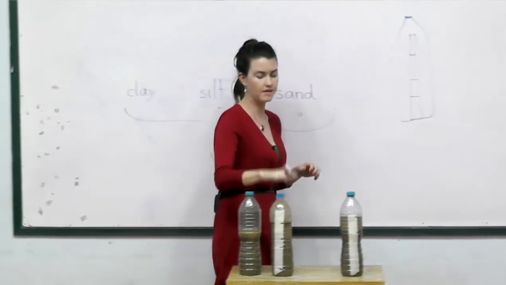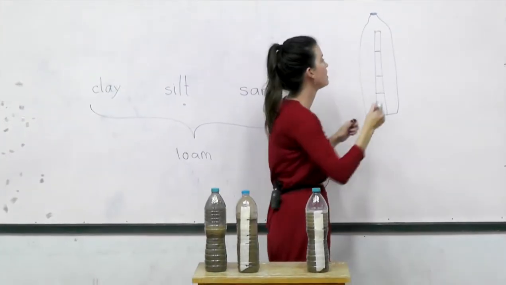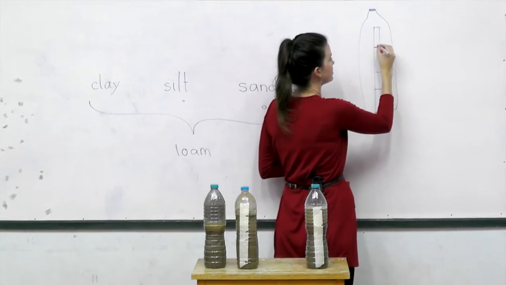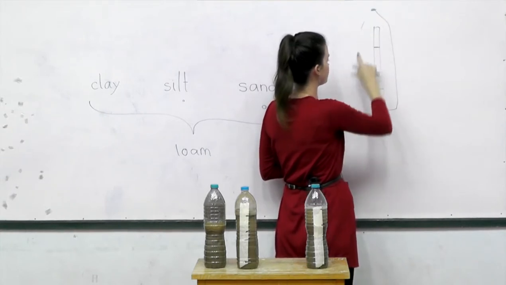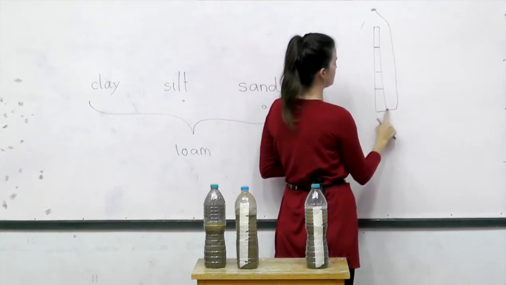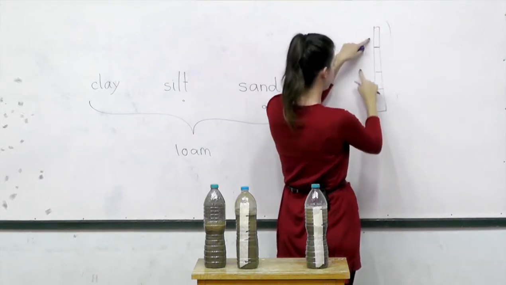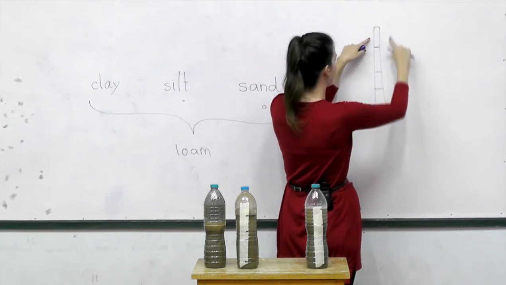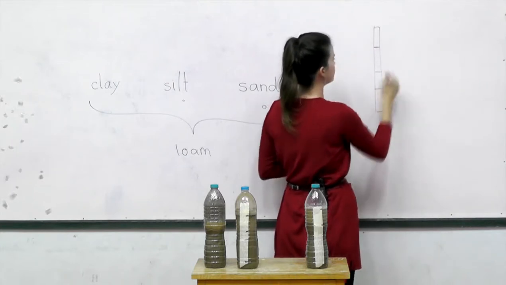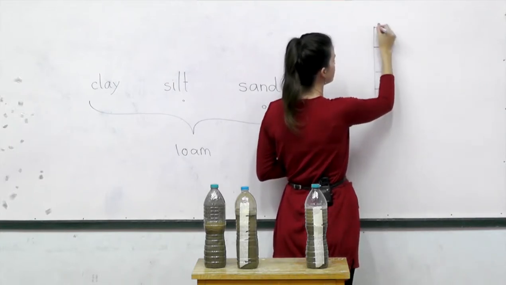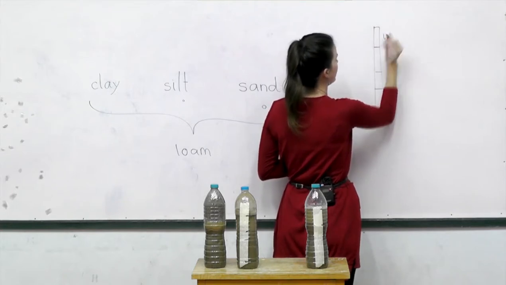So we're gonna give our bottles to our groups. And on your first mark on your tape, I'm going to erase my bottle. So this is our tape on our bottle right here, and your bottle is going to look different than this. But on our first mark, we're going to write water.